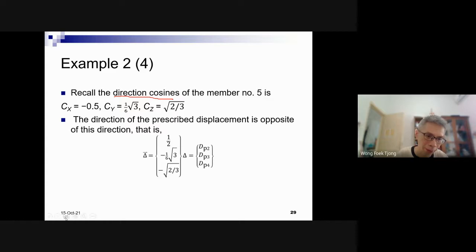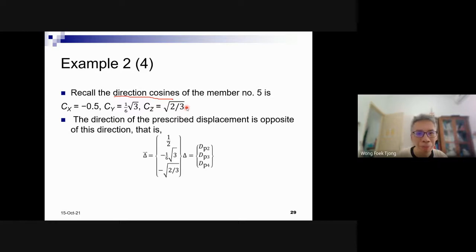The direction cosines for member number 5 were already calculated before, because when we calculated the stiffness matrix for member number 5, we should know these: Cx, Cy, Cz. These three numbers are called direction cosines. I taught this in mathematics 1.